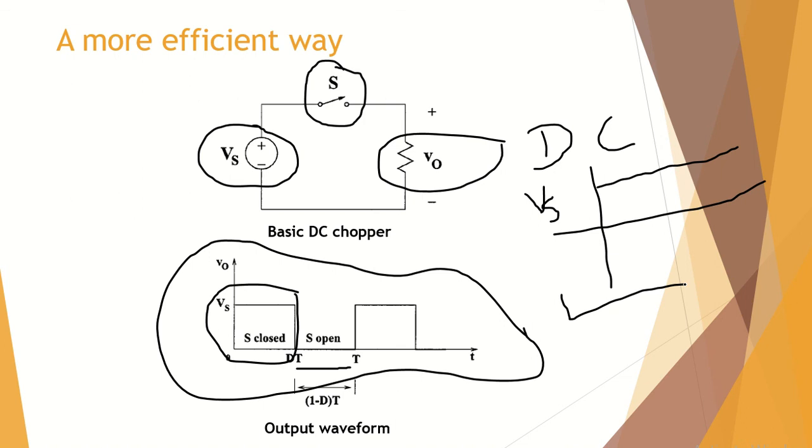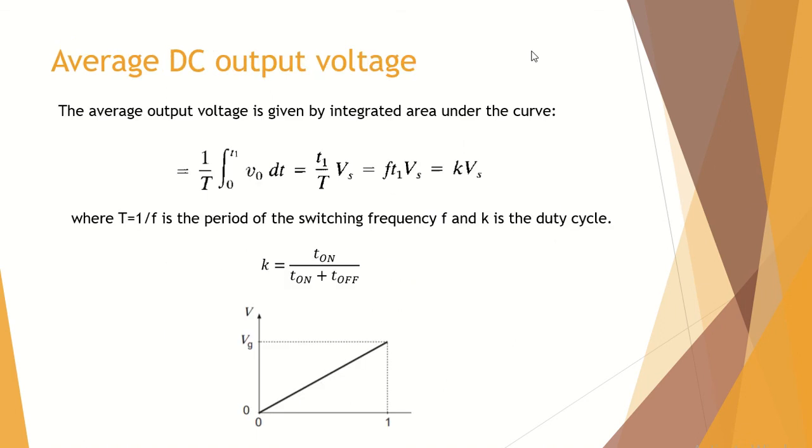So let's calculate the average voltage of this waveform. For calculating the average voltage, we integrate. This is 1 by T, the formula for average voltage. We have limits from 0 to T1. What is T1?